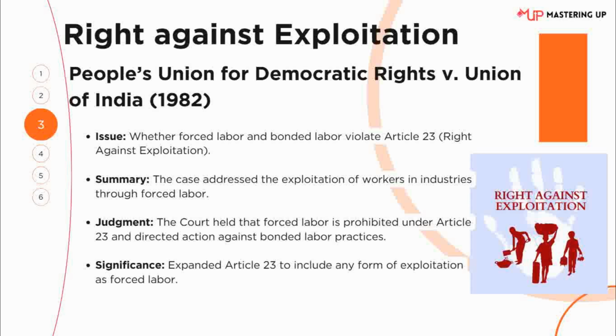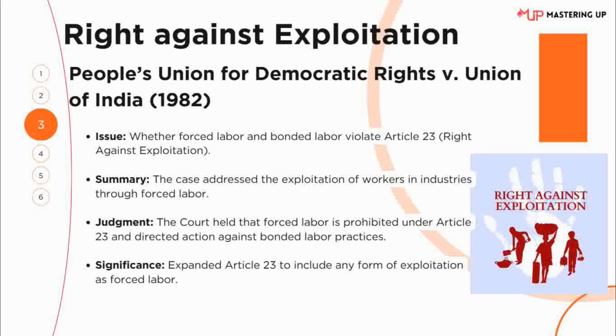To provide more context, workers were being compelled to work under inhuman conditions, and the case questioned if this amounted to forced labor.